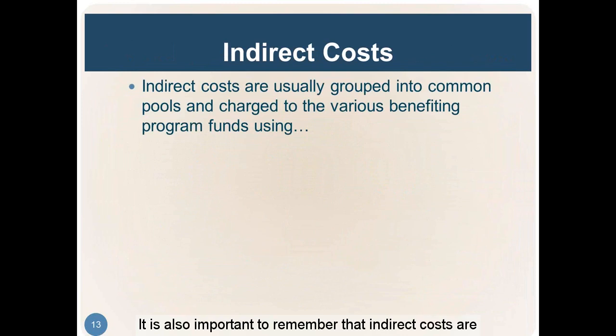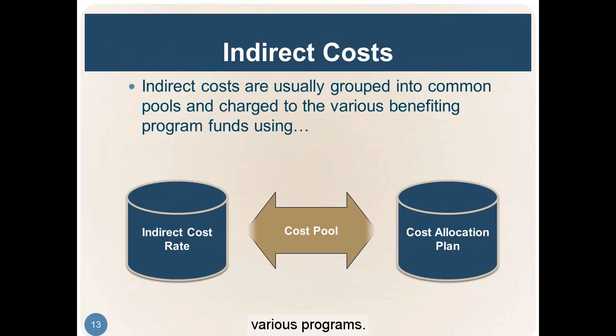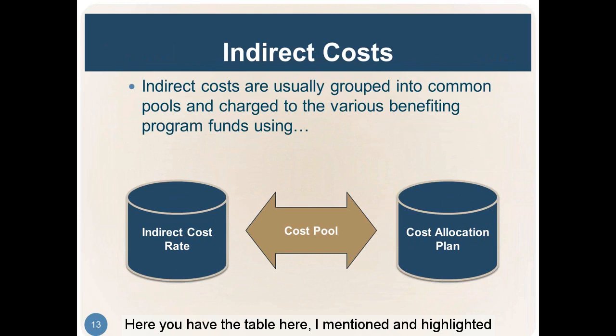It's also important to remember that indirect costs are usually grouped into common pools, to benefit various programs. So here you have the table I highlighted earlier: the cost pool, which is grouping together costs and then allocating them to benefit multiple programs.